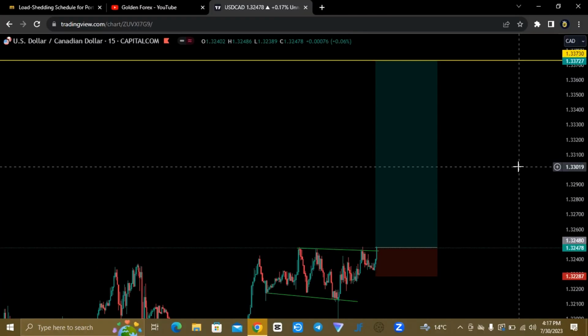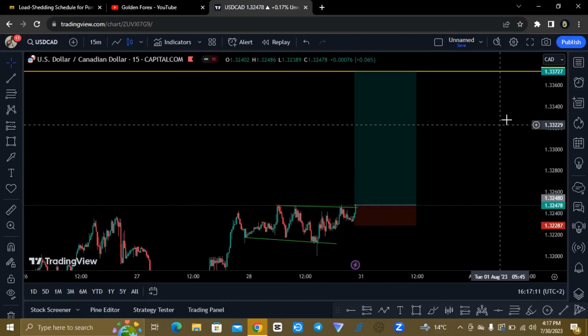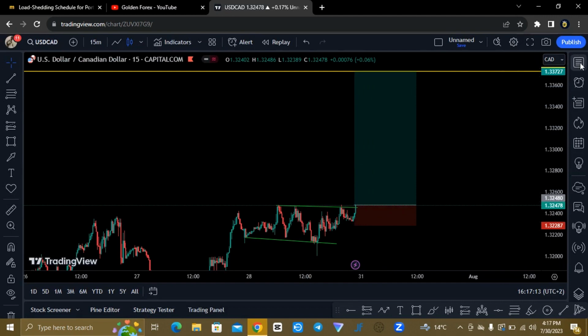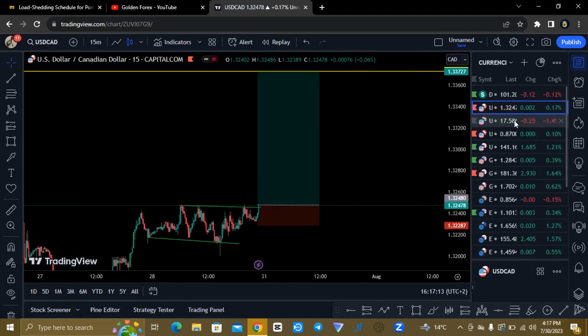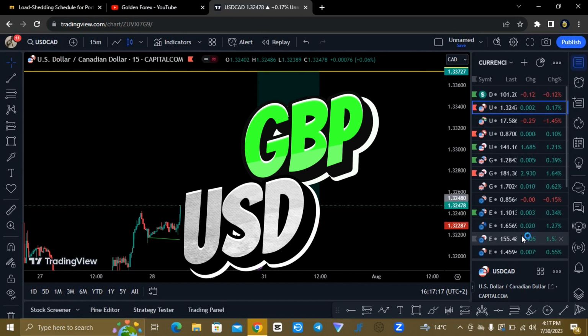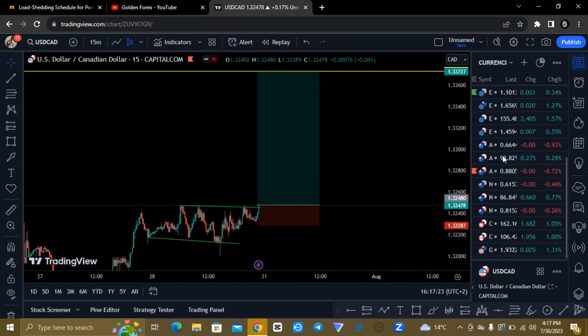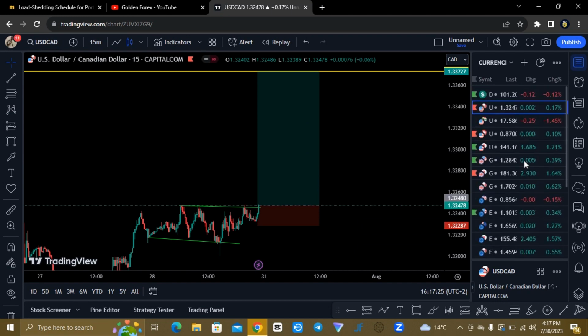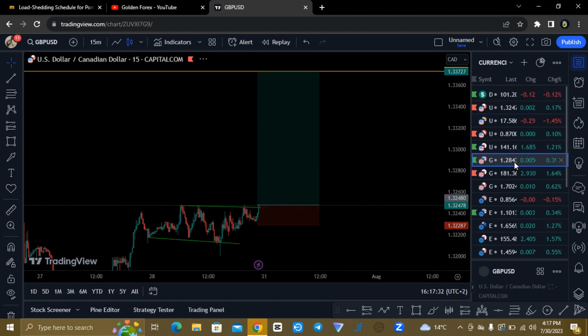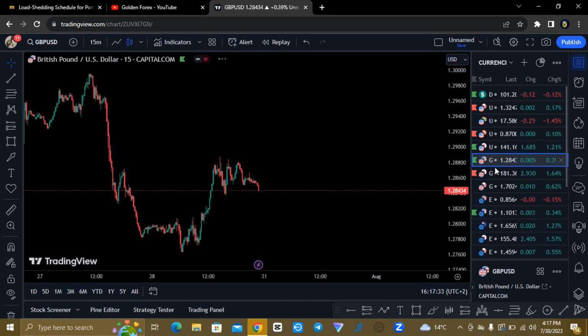Okay, and then the next pair that we are going to be looking into for the upcoming week is GBPUSD. Okay, before we jump into that analysis, pay attention to how many pairs I have on my watch list. But then I narrowed down my focus for the week to as minimum as I can get.